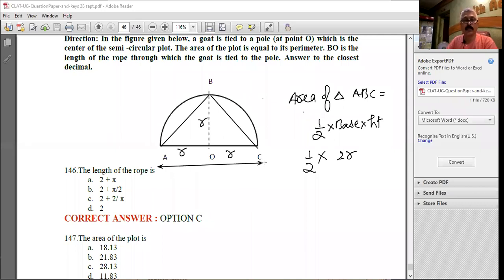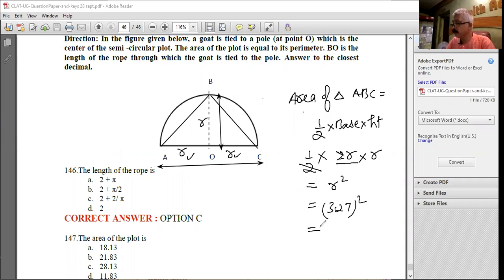Okay. So R plus R, base is 2R. Height of the triangle is R. So this cancels, means area of triangle must be R square. And in the previous question we calculated R was 3.27, whole square. 3.27 whole square is 10.69. Correct.